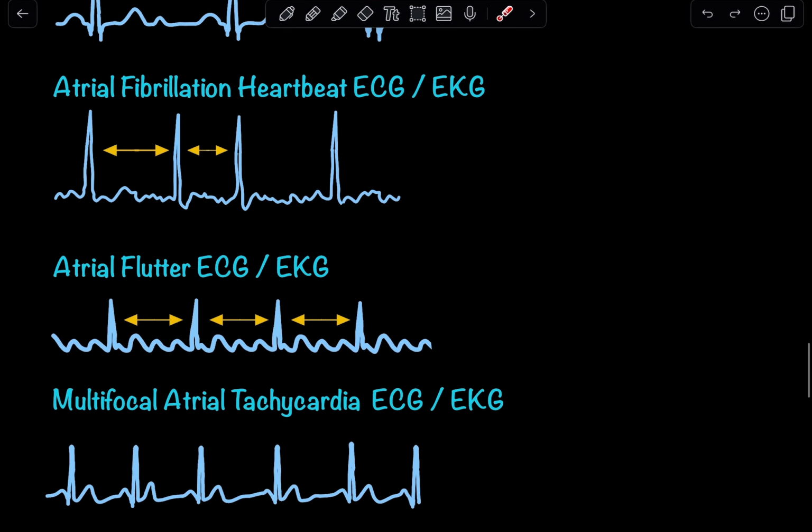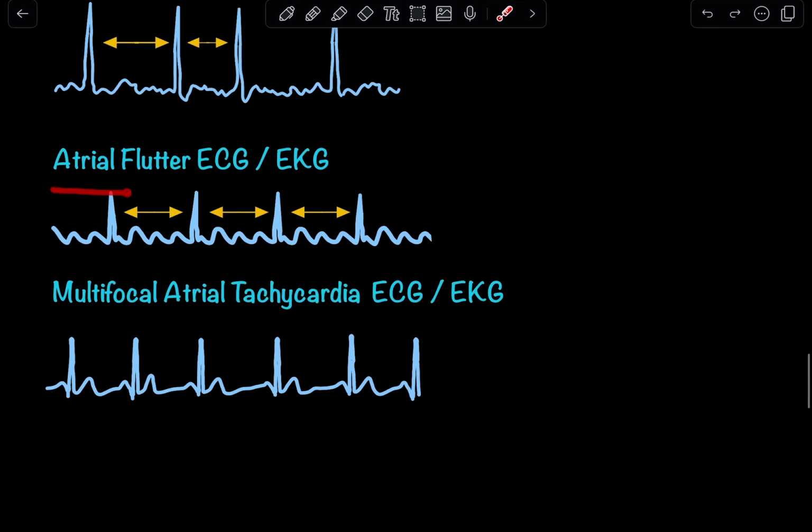But when we talked about AFib, it had this wave quivering-like motion, and we can see that there is no distinct P wave morphology, and there's no isoelectric baseline that is readily visible. Now, this is because the atria are contracting so quickly. Remember, it was 400 to 600 beats per minute. So the heart is essentially quivering, or it's fibrillating.